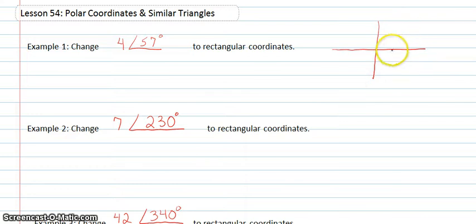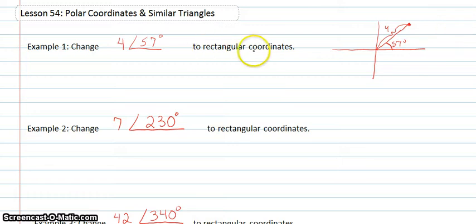That might help. So we would go from the x-axis over 57 degrees, and then it had to have a length of 4 to the point here. So that would be 4. Okay, so this is polar coordinates.